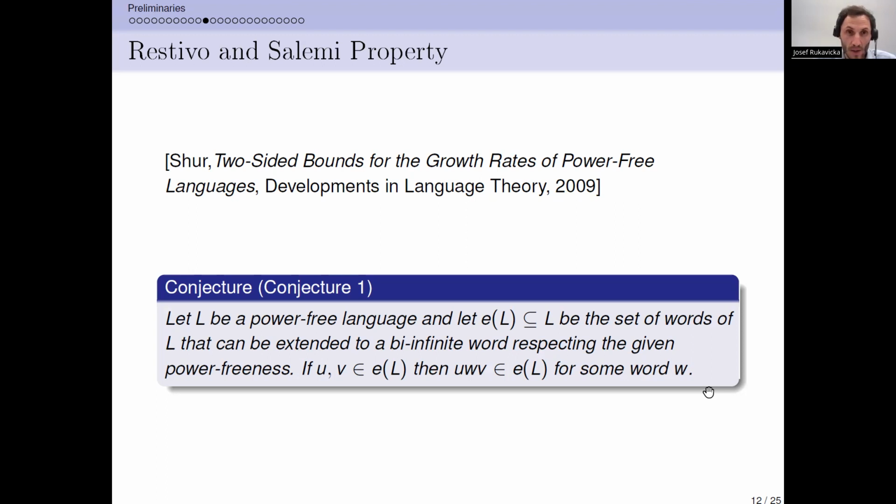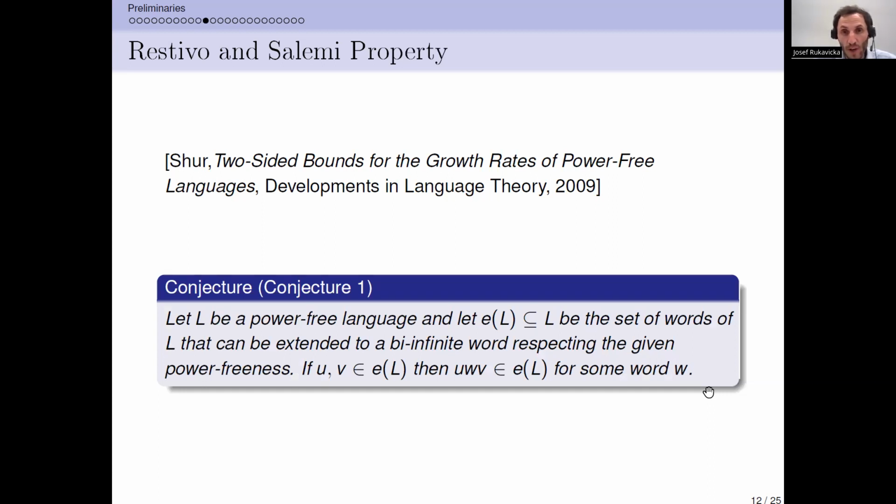Schur conjectured that if the words U and V are from this sublanguage IL, then there is a transition word W such that the concatenation UWV is from this sublanguage IL. So this is the conjecture of Schur.